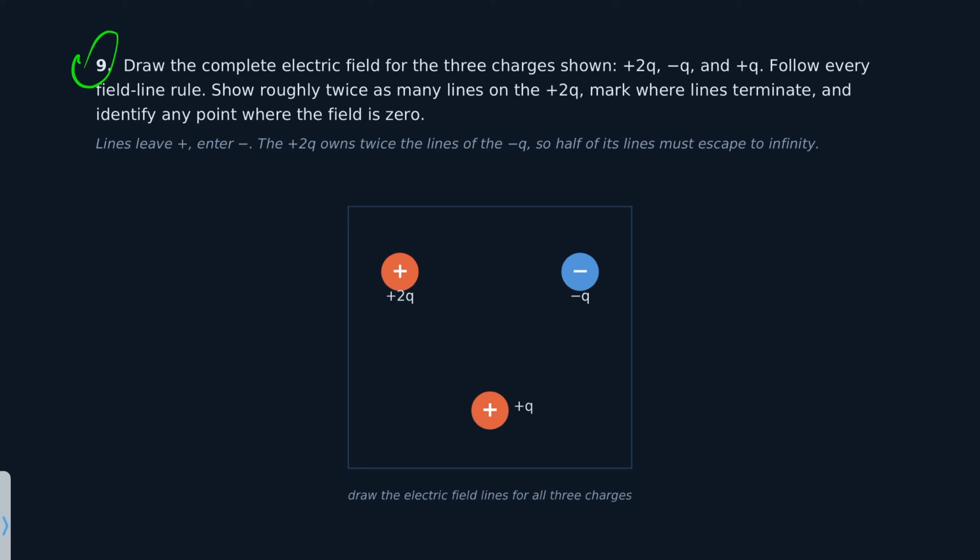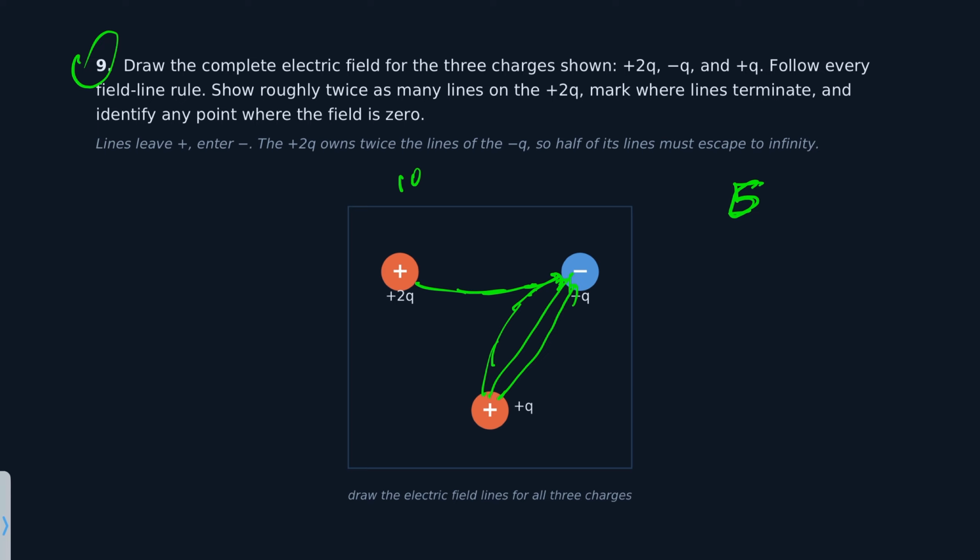How many lines do you want to do here? Let's do 5 for each charge. This one would have 10 because it's 2q. So 5 here, or actually let's do 6 because we need an even amount.